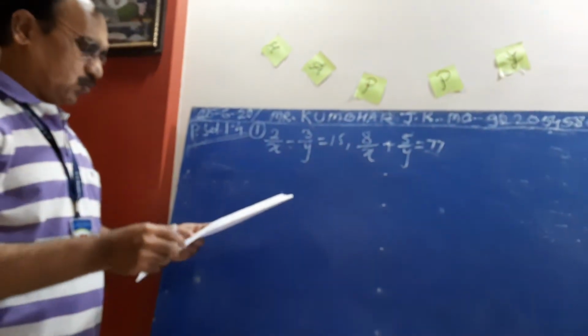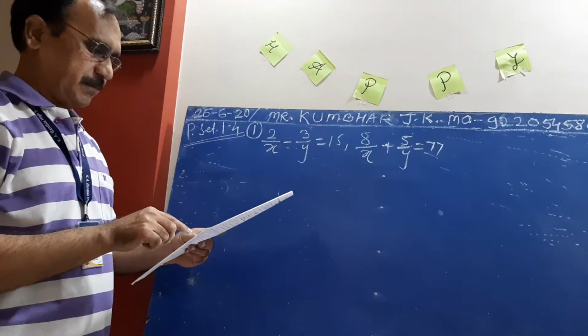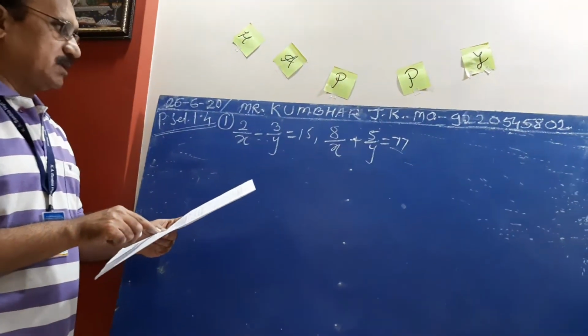Again we read: 2 upon x minus 3 upon y is equal to 15, 8 upon x plus 5 upon y is equal to 77.